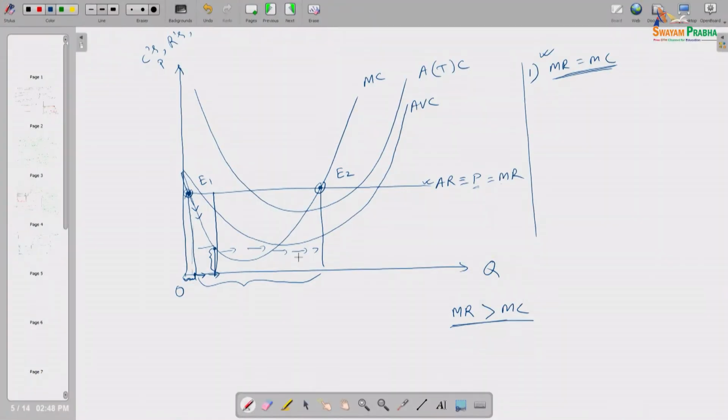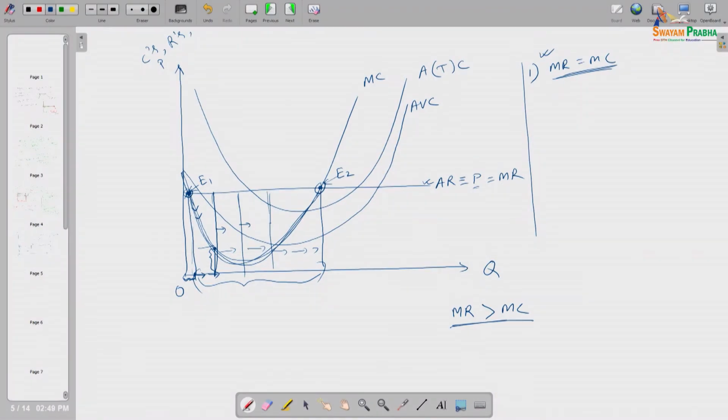In between E1 and E2, as you increase your production and produce more and more, for every additional unit of output your MR is more than MC. MC always lies somewhere along this line, but MR is always this horizontal or this vertical distance. So, within this segment between the E1 and E2 points, the additional or marginal revenue for every unit exceeds marginal cost.